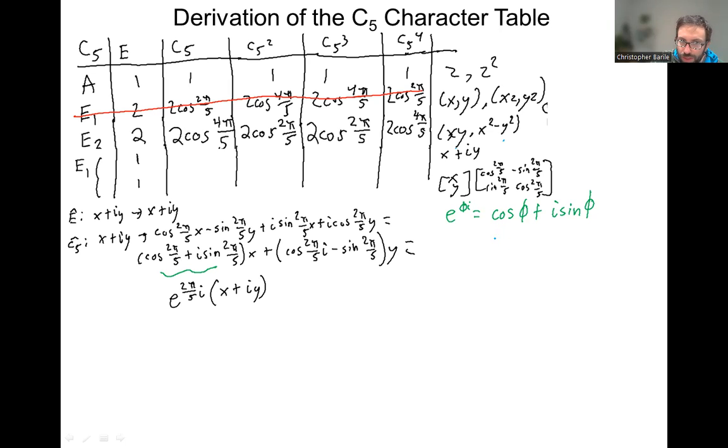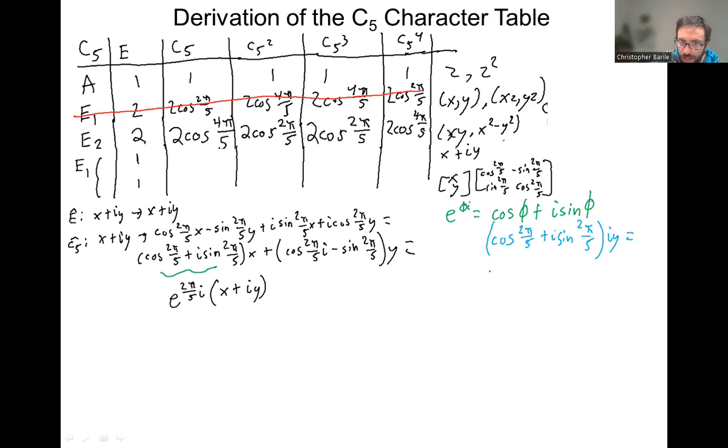First, the definition of e to the 2 pi over 5 I is cosine 2 pi over 5 plus I sine 2 pi over 5, and then that is multiplied by iy. That's what we're trying to show.